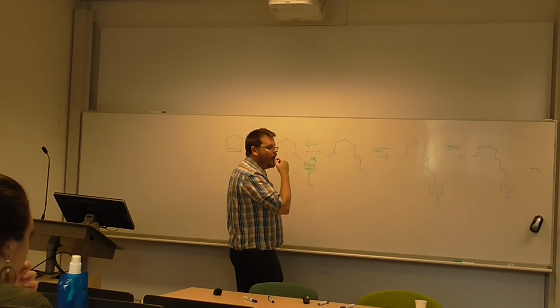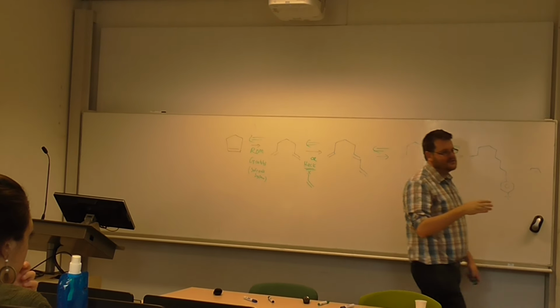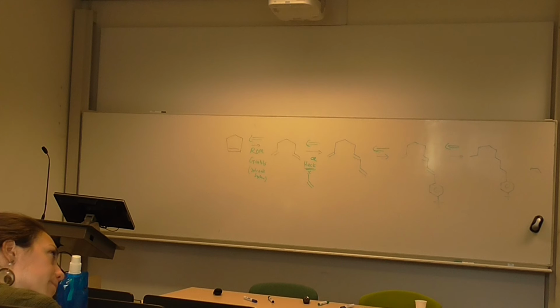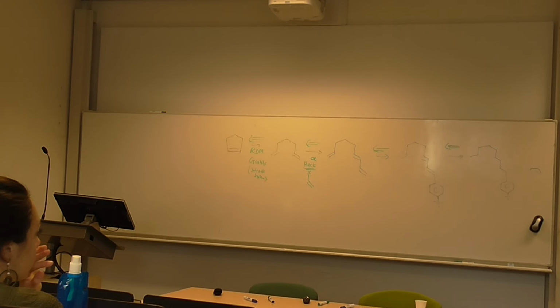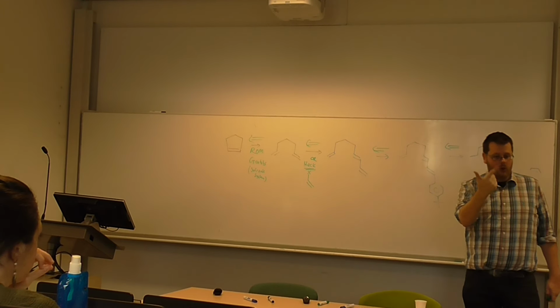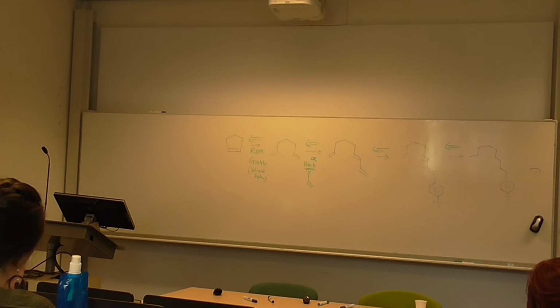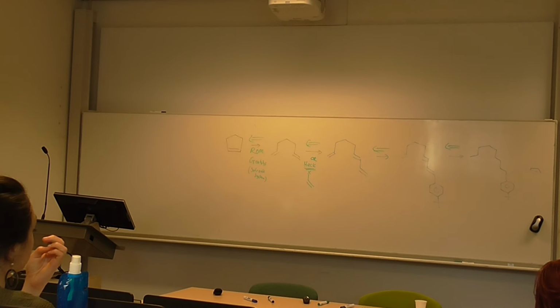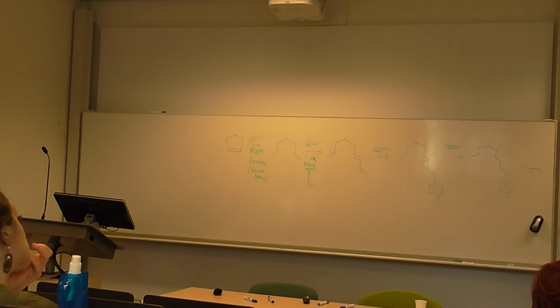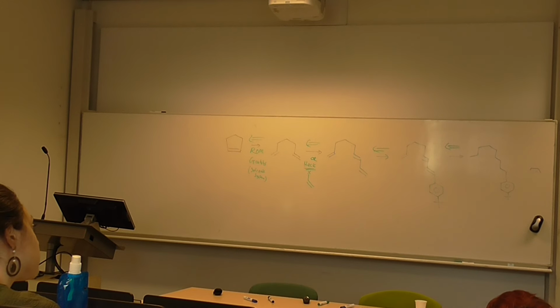Well, you could use either a Heck or a Suzuki, because remember, a Heck coupling is with an aryl halide and an alkene, or an alkenyl halide and an alkene. That's Heck. Suzuki is again an aryl halide or an alkenyl halide. It's always an sp2 halide with a boron reagent.